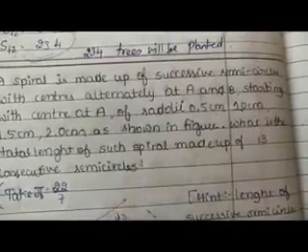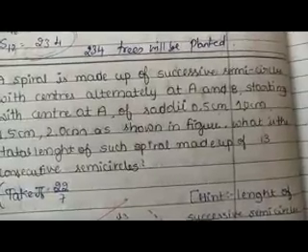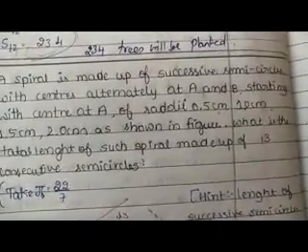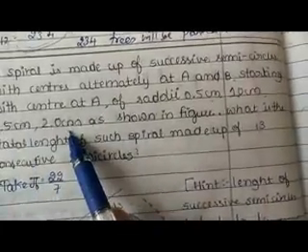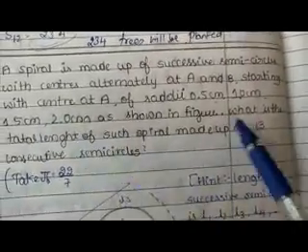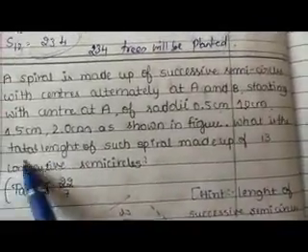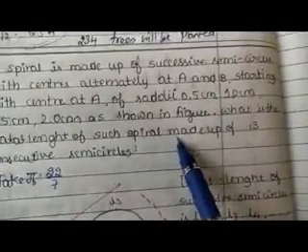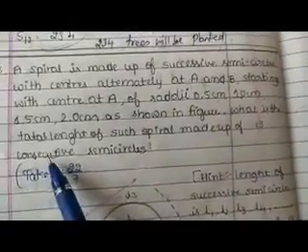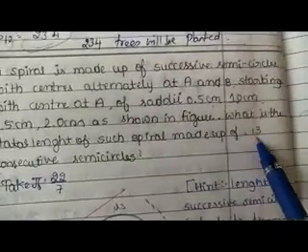Spiral means round in shape, and the radius of the first circle is 0.5 centimeter, second circle 1 centimeter, third circle 1.5 centimeter, fourth circle 2.0 centimeter. Now what is the total length of the spiral? Total means Sn. What is the total length of a spiral made up of 13 consecutive semicircles? Now n you got. n is 13.